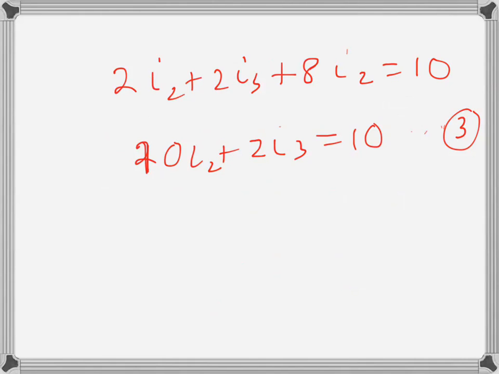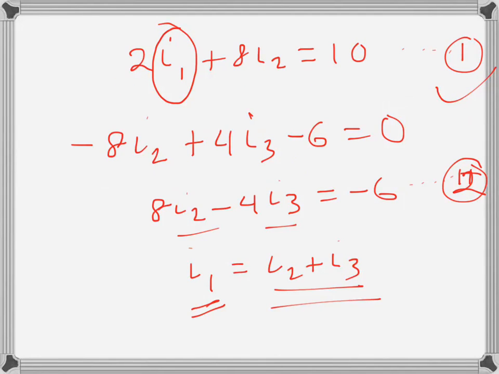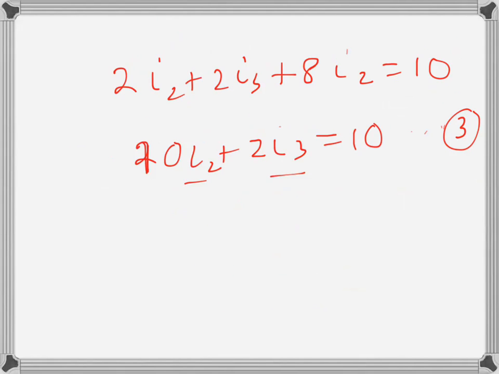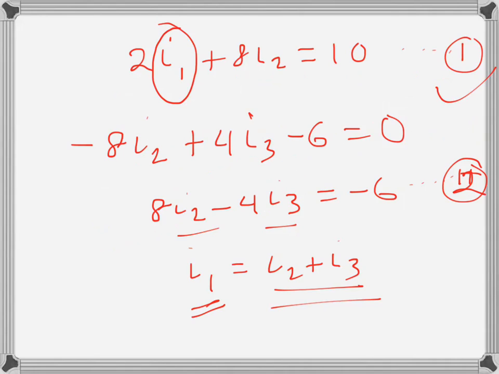So we have I2 and I3 here. So what I can do, equation 3 I can multiply by 2. So 3 multiplied by 2 then added with 2, that can be done.